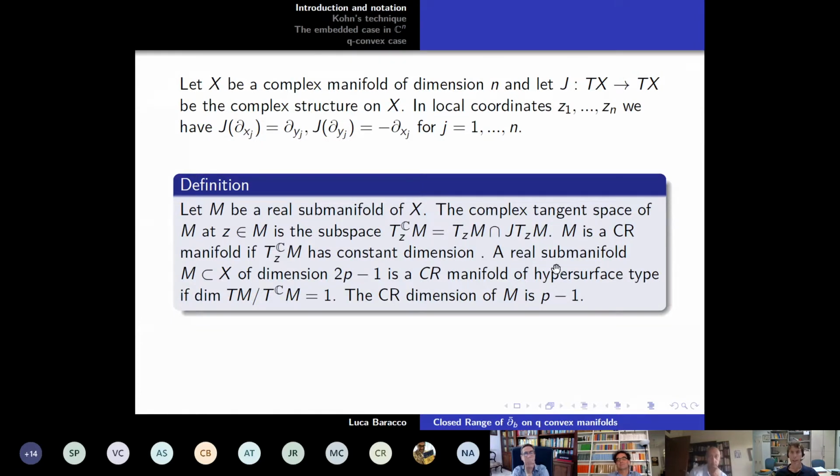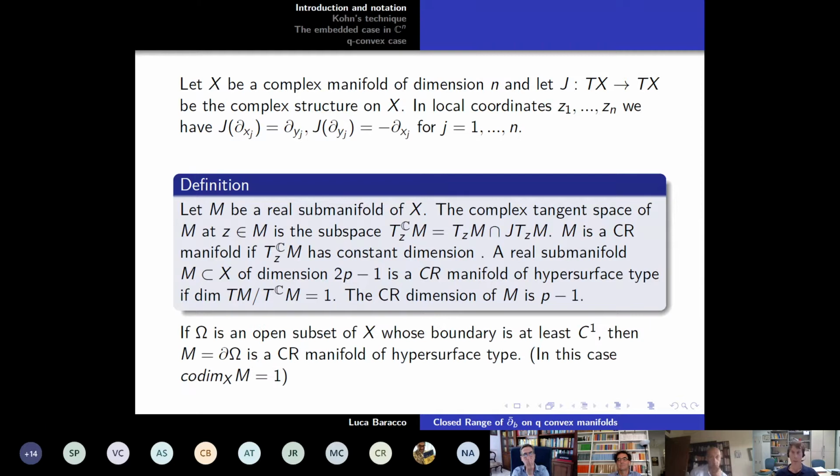We will say that a real submanifold M of dimension 2p-1 is a CR manifold of hypersurface type if the codimension of the complex tangent bundle in M is 1. In this case, the CR dimension of M is p-1.